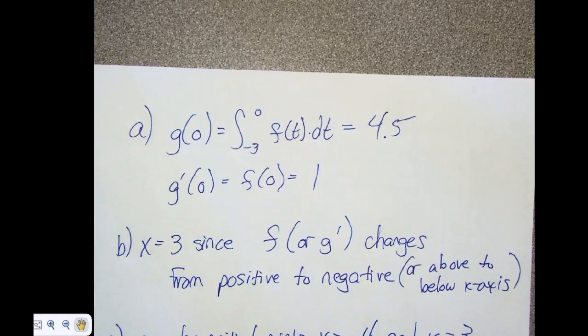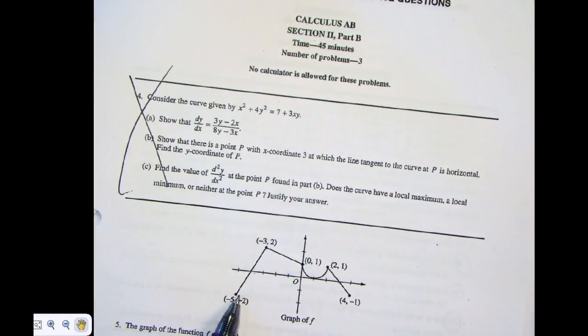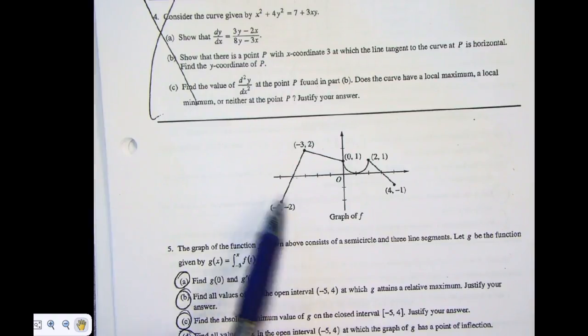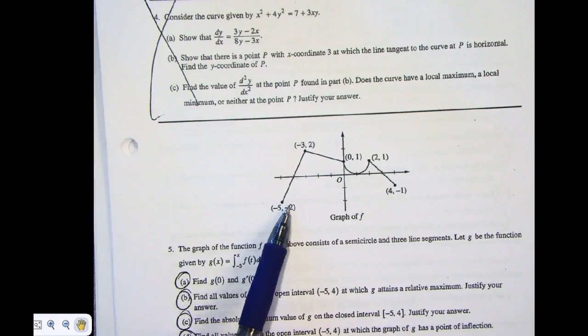Relative max means where does the original graph have the top of the hill? So why wouldn't that be a negative? Well, at -5, your slope is negative because you're below the axis, so the original graph is just decreasing at that point. You're mixing up the absolute too.